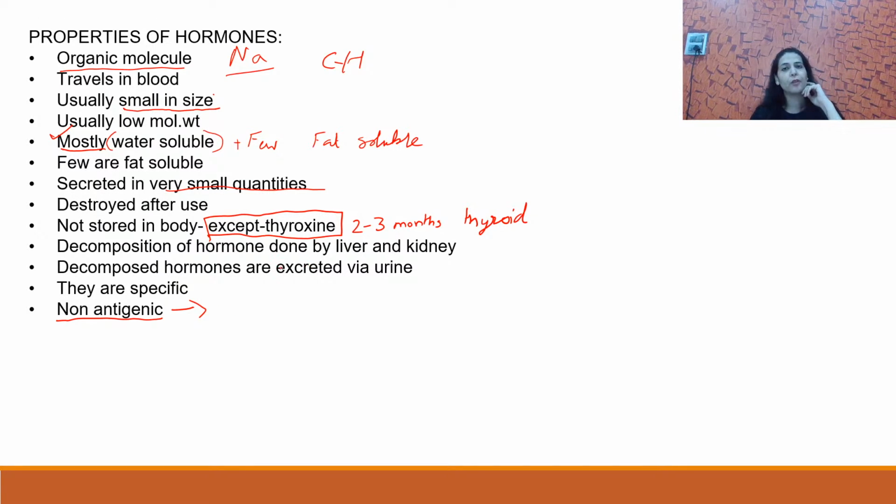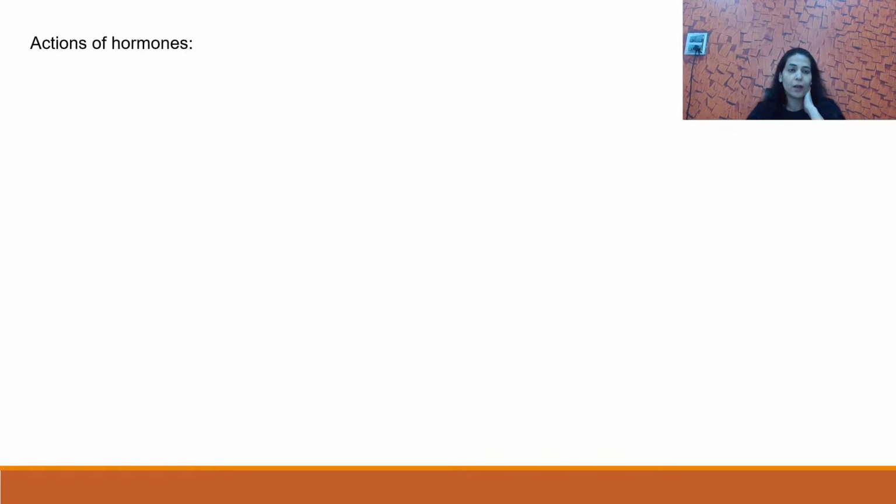But suppose you extract estrogen from a horse and inject it into a human female, it will not elicit the immune response. They are not antigenic. So remember this. They do not initiate antibody formation. They are non-antigenic.